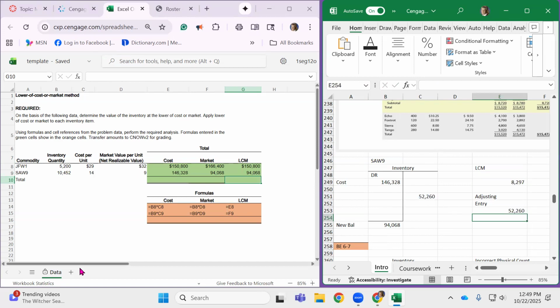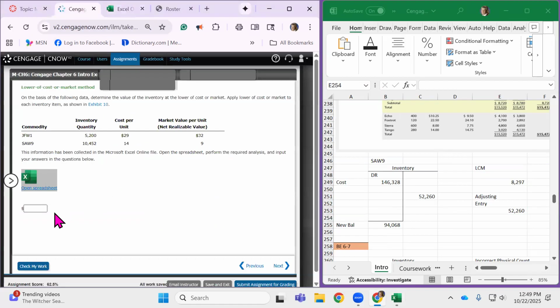Let's go ahead and put it out here in our problem now. So here's what we've got. It says input your answers in the questions below. On the basis of the following data, determine the value of the inventory at the lower of cost or market.